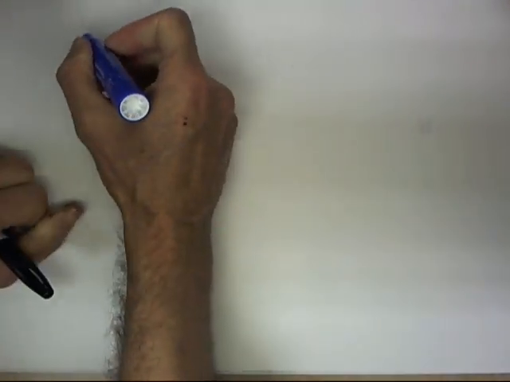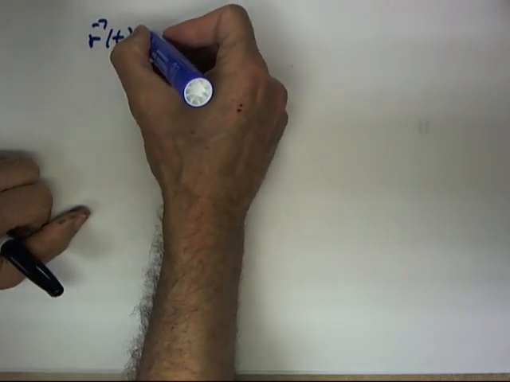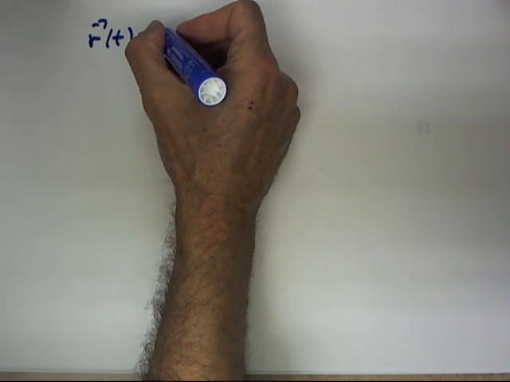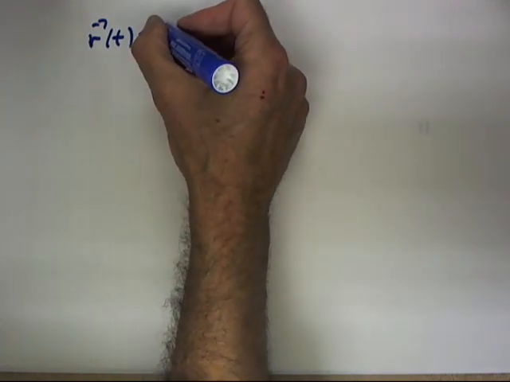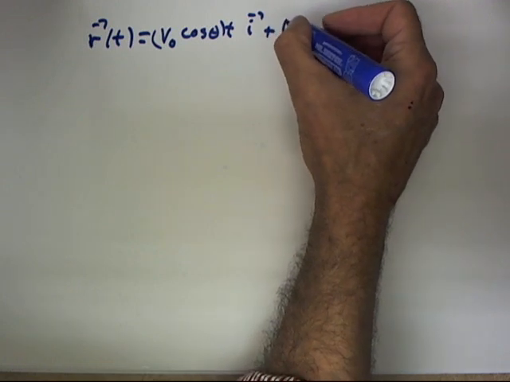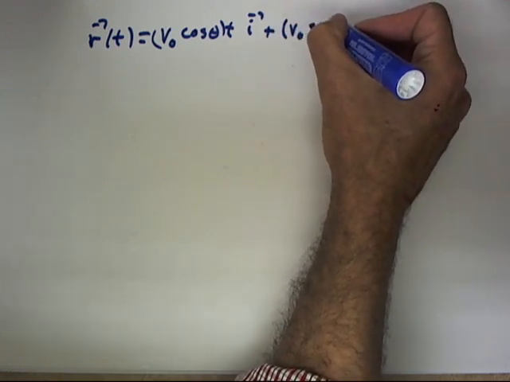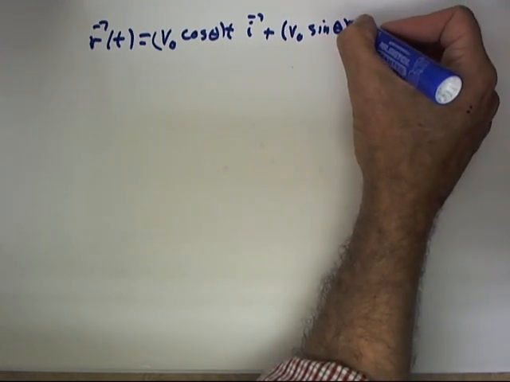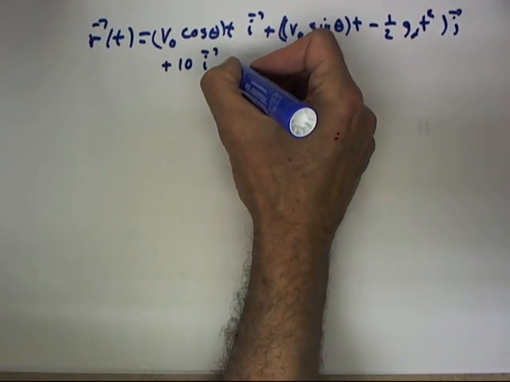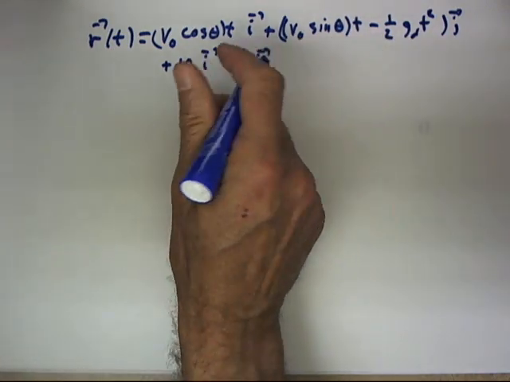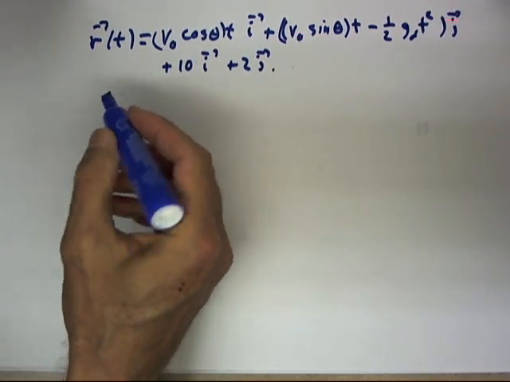Remember, our vector function now is r of t equals v naught cosine theta times t times i plus v naught sine theta times t minus 1/2 g sub d t squared j plus our 10i plus 2j vector. I should have distributed that within the i and the j component. I'll do that in the next step.